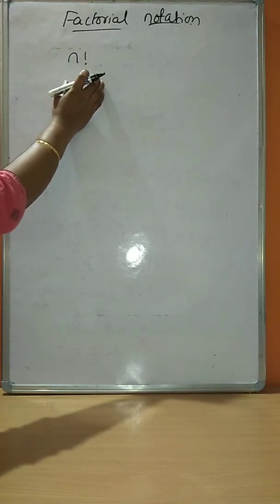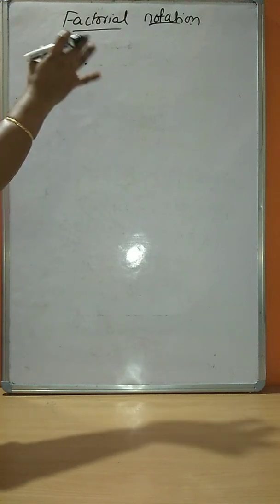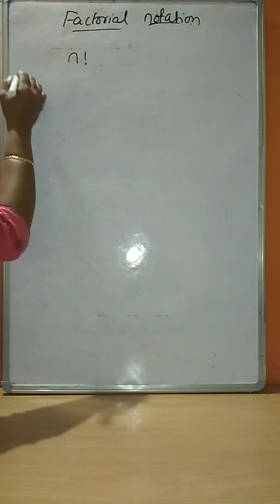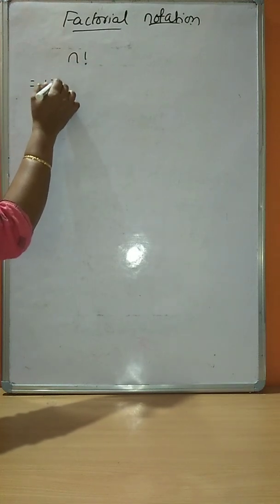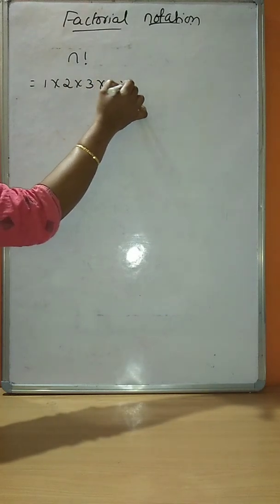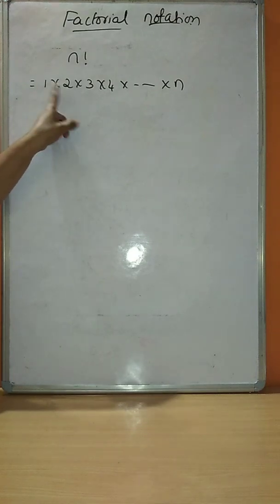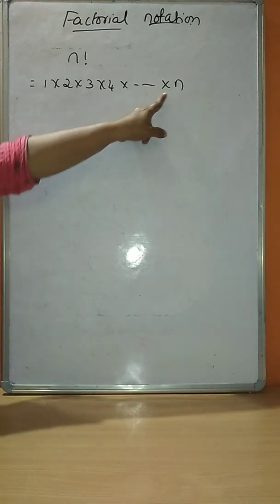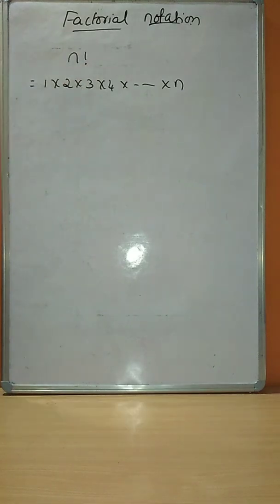Product means multiply. The product of the first n is 1, 2, 3, 4, etc., up to n. The product of the first n natural numbers represents n factorial.